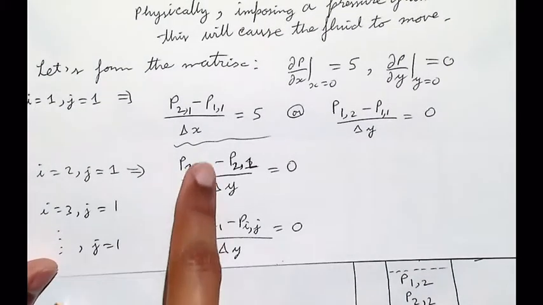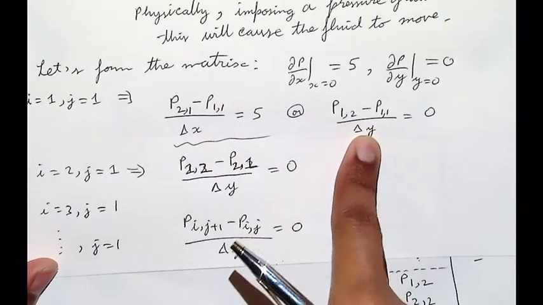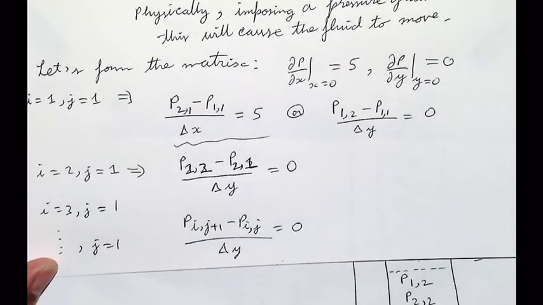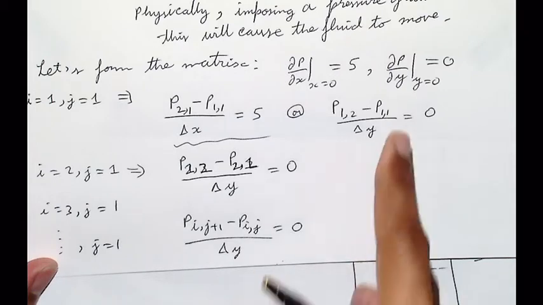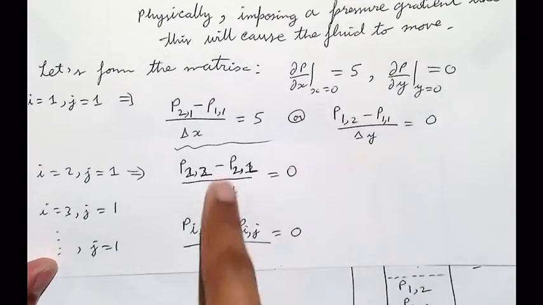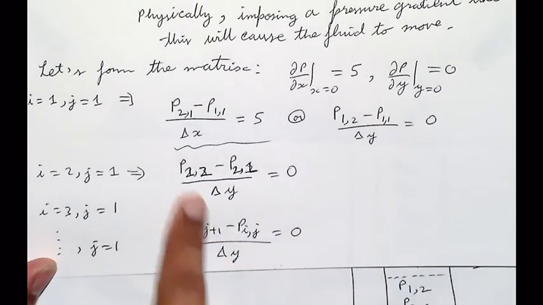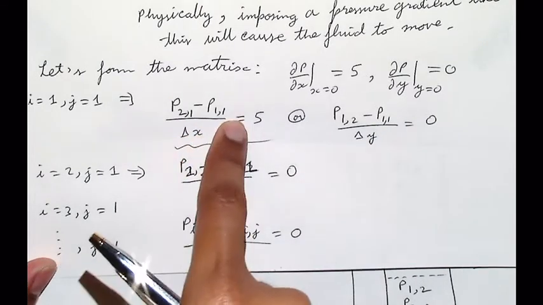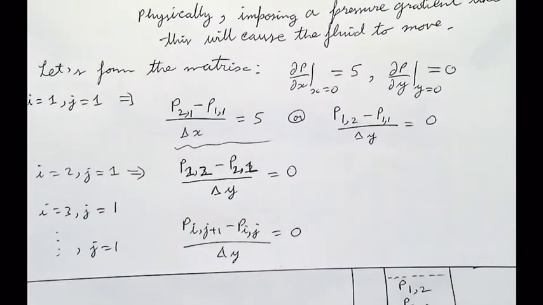Which one do you want me to take, this or that? Delta y? You want me to take this one? All the others are delta y's, right? So let's take the first one to be different, to see how it will look different in the matrix.